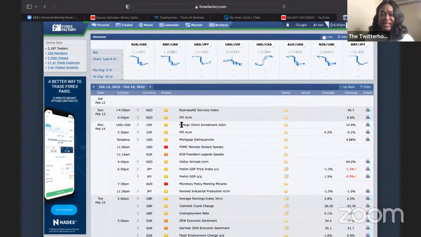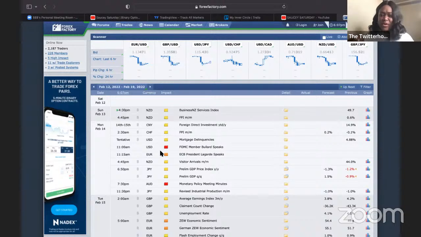So let's just pretend that it is Monday and it's 11 o'clock and we're about to trade, right? It's 11 o'clock. We see that there's a red folder on the US dollar. At 11:15, there's an orange folder on the euro. With things being like that, I would actually just not even bother trading the euro either.